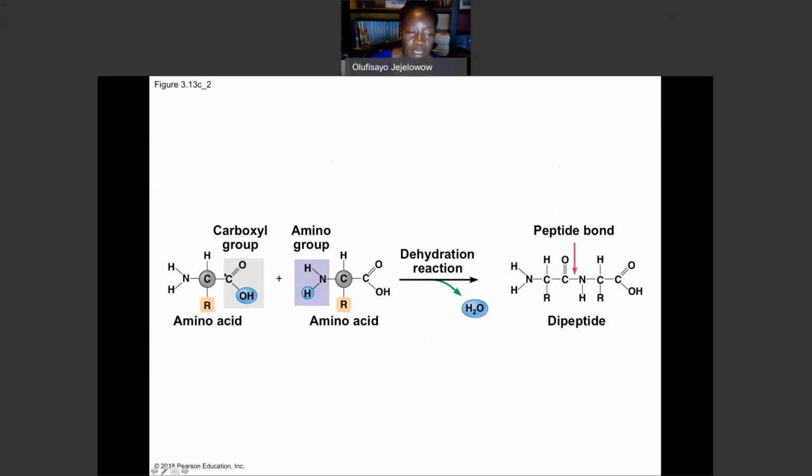The carboxylic acid group of one amino acid gives the OH group away, and the amino group of the second amino acid gives the H away, forming water in the dehydration reaction. Now a new covalent bond called the peptide bond is formed between carbon and nitrogen, and the product is a dipeptide. Di meaning two. It has two amino acids bonded together by a peptide bond in a dipeptide.